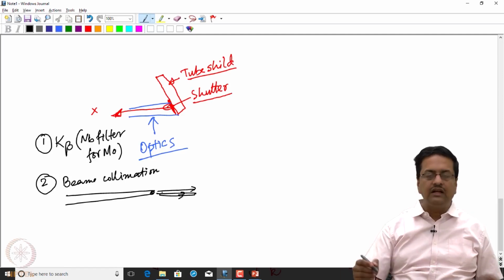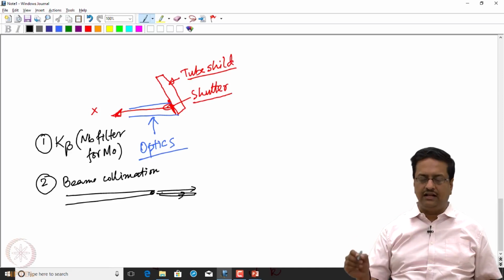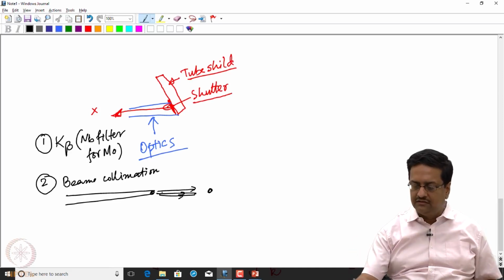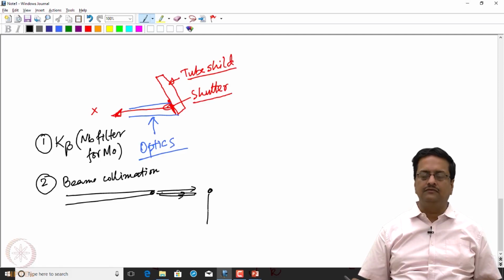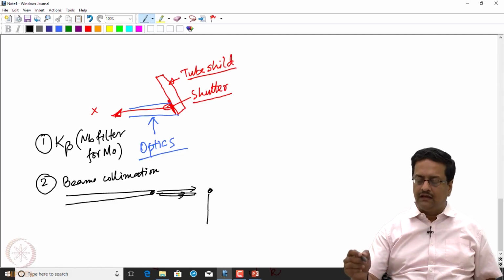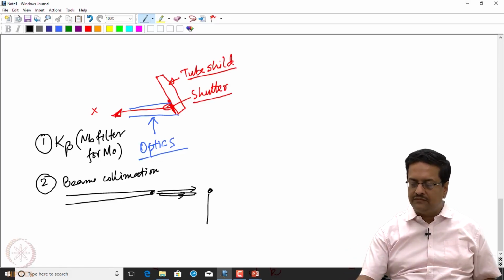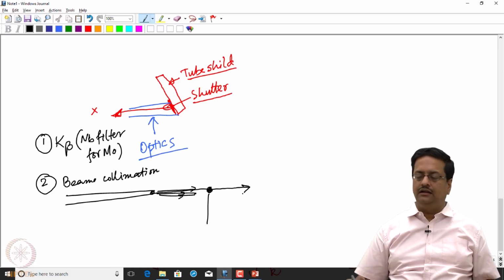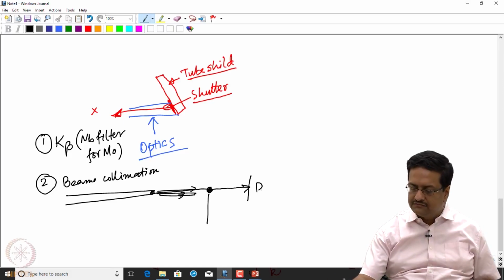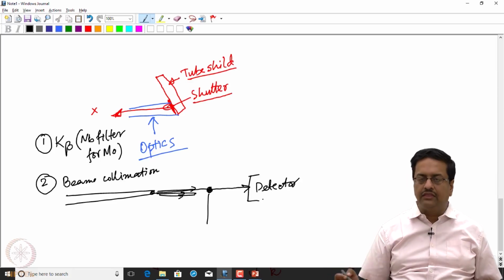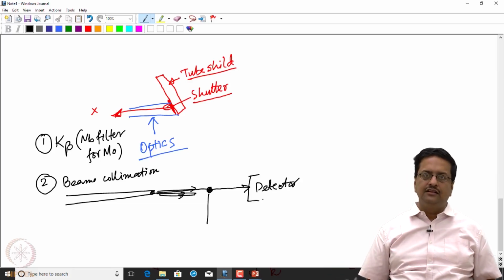Remember, this beam that is coming out of the collimator and directly falling on the crystal is of very high intensity. So the beam that comes out from the collimator is capable of penetrating through the crystal and going straight and hitting the detector, if kept in the beam path. This direct beam is of very high intensity.